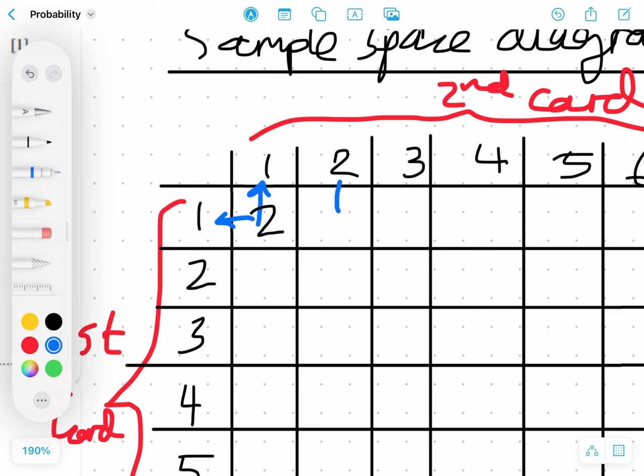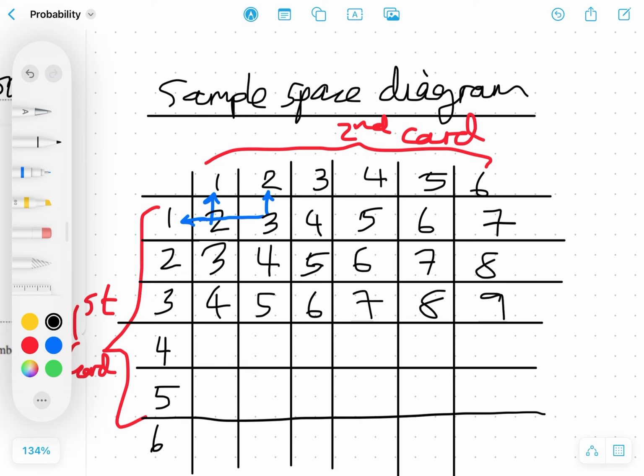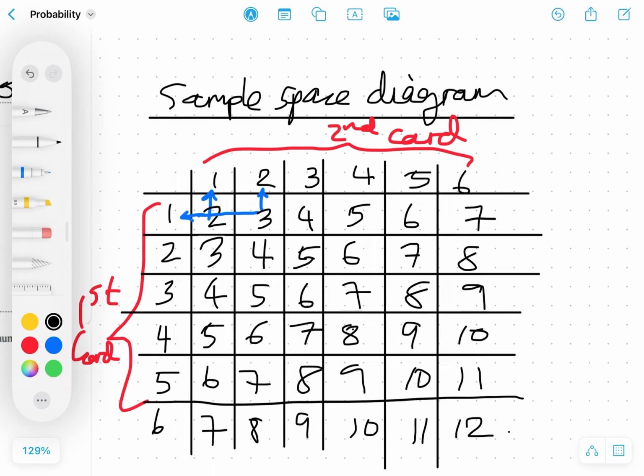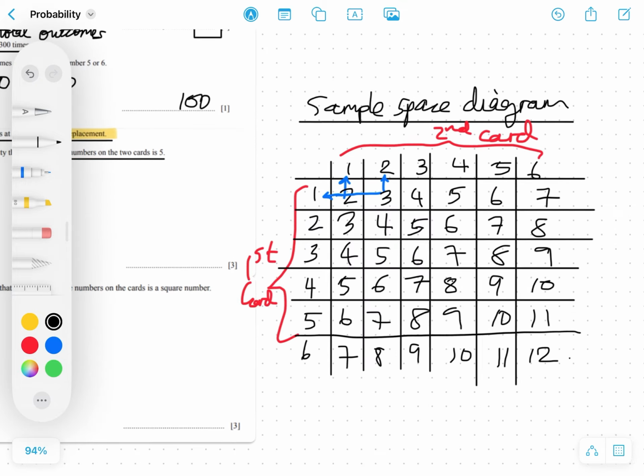For the next cell, we have 2, that's the column number, and 1 is the row number. So 2 plus 1 is 3. If you continue this pattern, you should end up with a sample space diagram that looks something like this. So that's what the sample space diagram looks like.